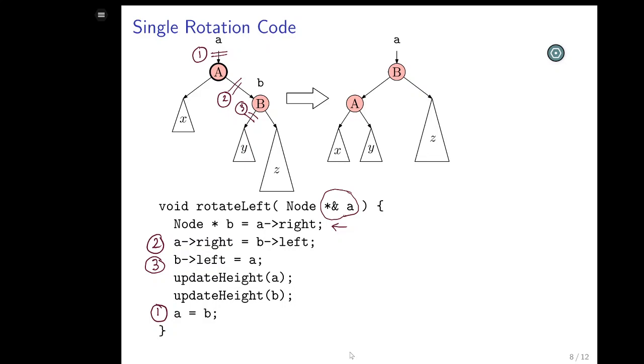So those are the 3 pointer manipulations that happen here, the alterations in the structure. Now in between, before we return, we update heights of A and B because those heights might have changed. A, for example, no longer has B as a child. A is now the child of B, and so its height would have changed. And B's height would have changed as well.